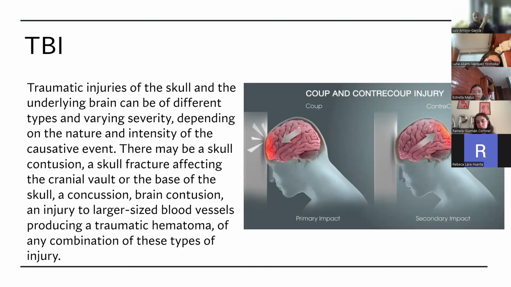So every time you hit the head, you first have damage in the front, but then when you have this inertia coming back, you have damage also in the back, and that's the problem. Sometimes you don't have to worry only about the first part, but also about the second part.